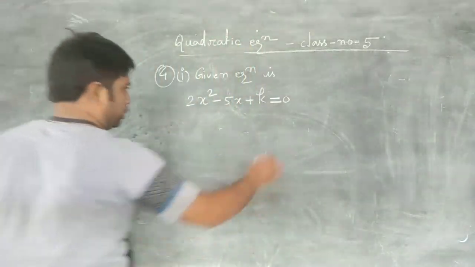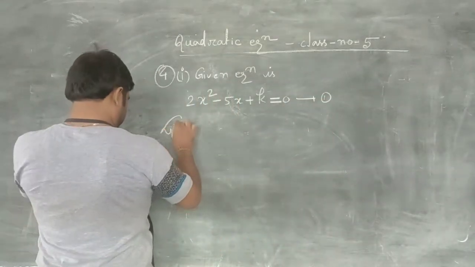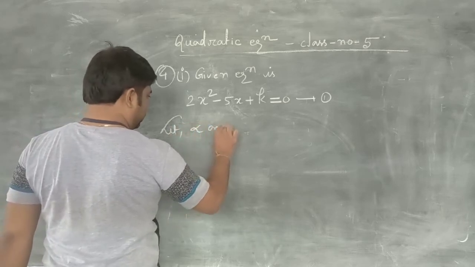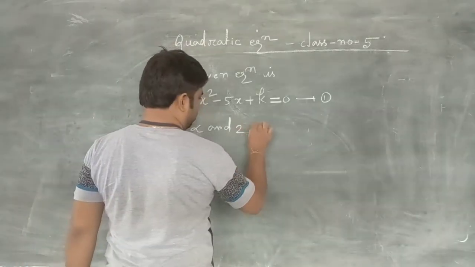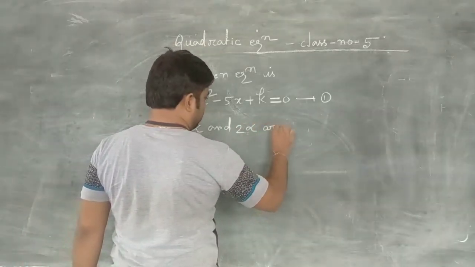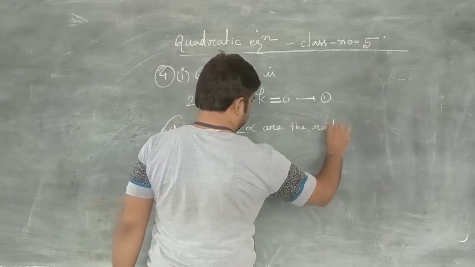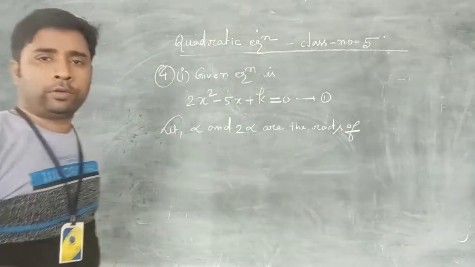So let alpha and twice alpha be the roots of 1.